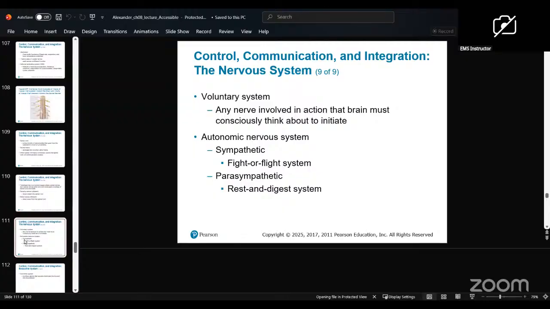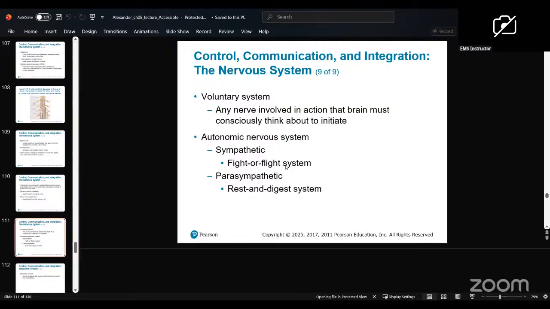So when we talk voluntary system, that is any nerve that is involved in an action that the brain must consciously think about to initiate. Autonomic nervous systems, we have the sympathetic, which is our fight or flight, and our parasympathetic, which is rest and digest. I'm telling you right now, these are two very testable terms throughout class and registry.